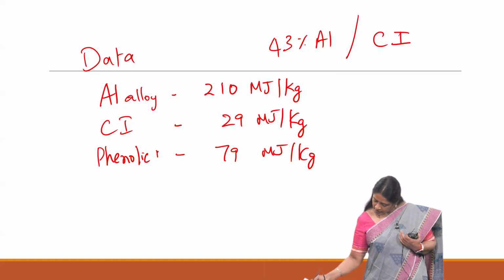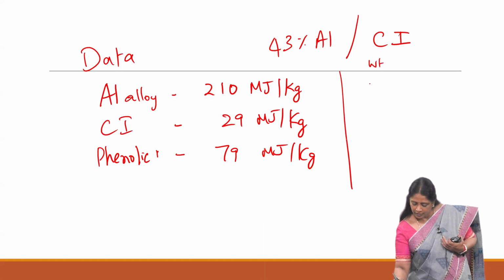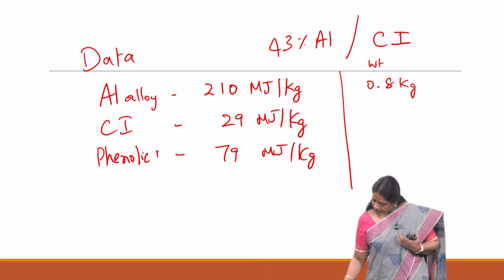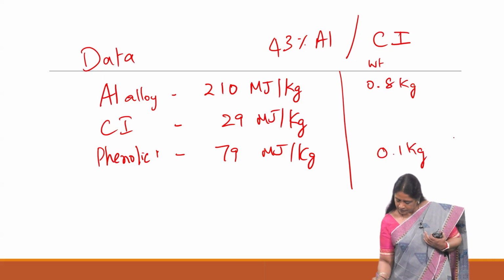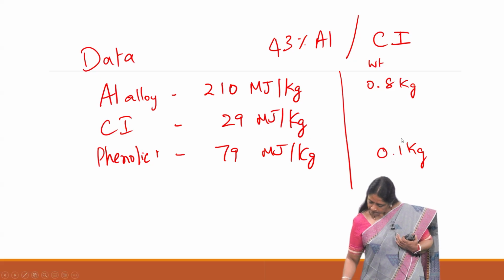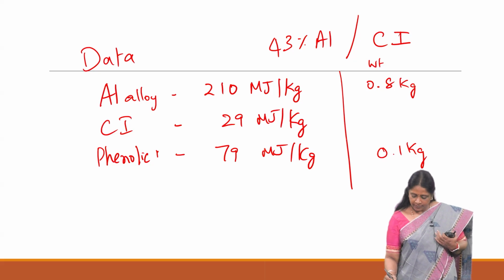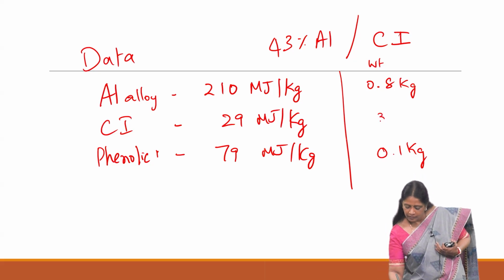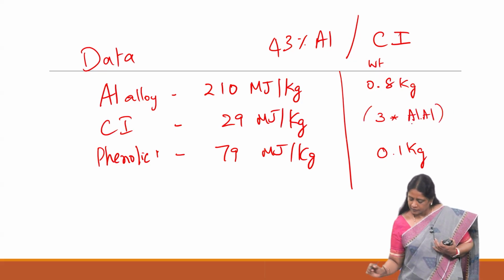The weight is 0.8 kg, I'll put it here, and the handle is 0.1. If it is cast iron, it weighs 3 times more than the aluminum alloy.